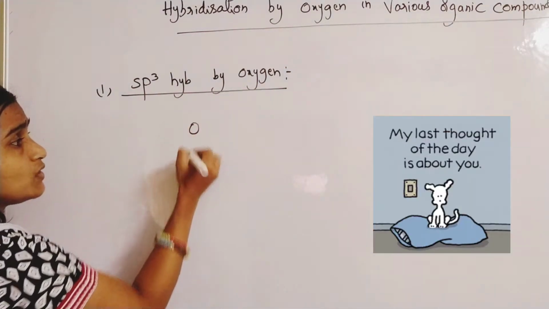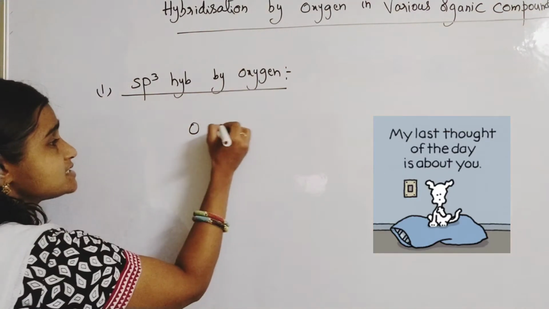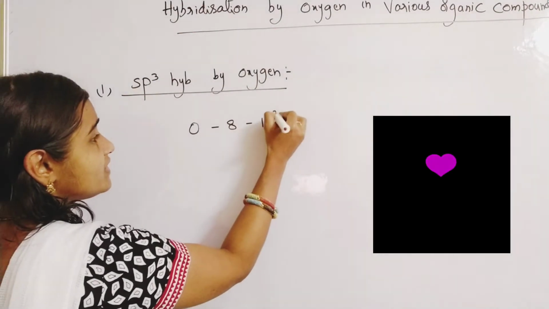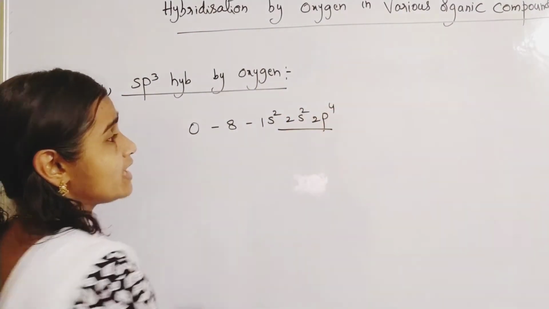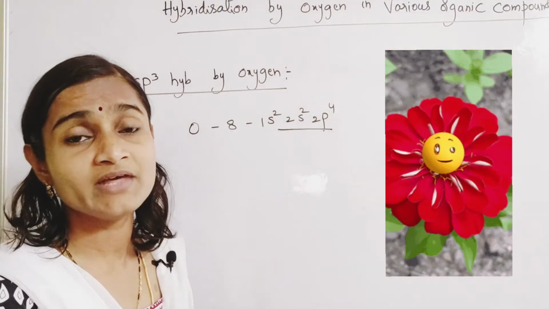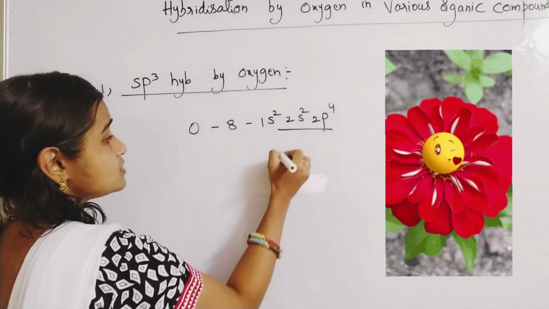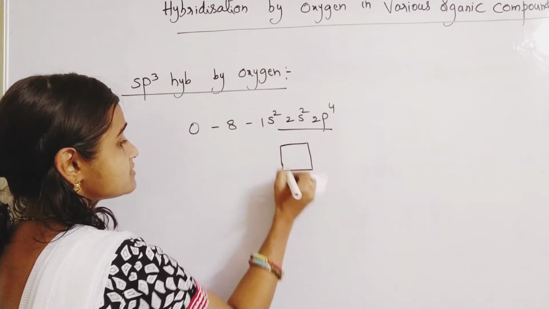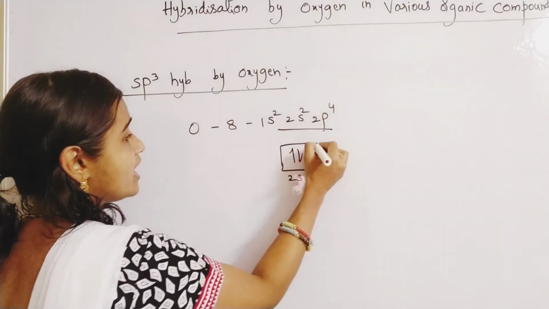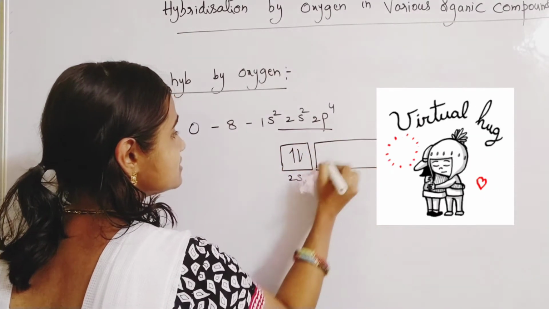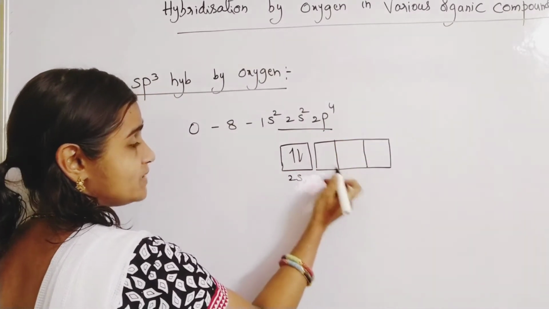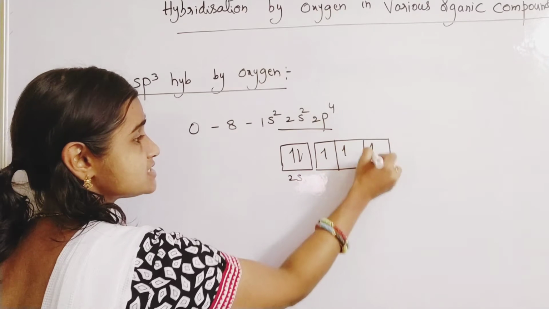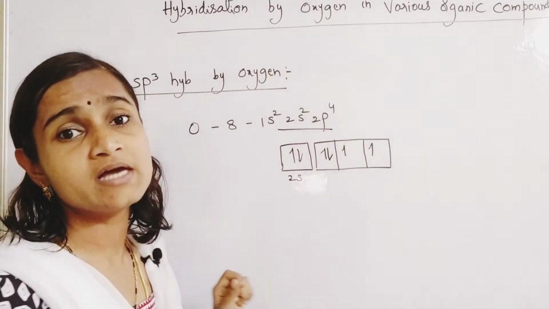You all know that oxygen's atomic number is 8 and its configuration is 1s2, 2s2, 2p4. Only the last orbits will be involved in hybridization, so 2s with 2 electrons and 2p with 4 electrons. While filling the p orbitals, we have to fill electrons singly first and then pairing occurs.